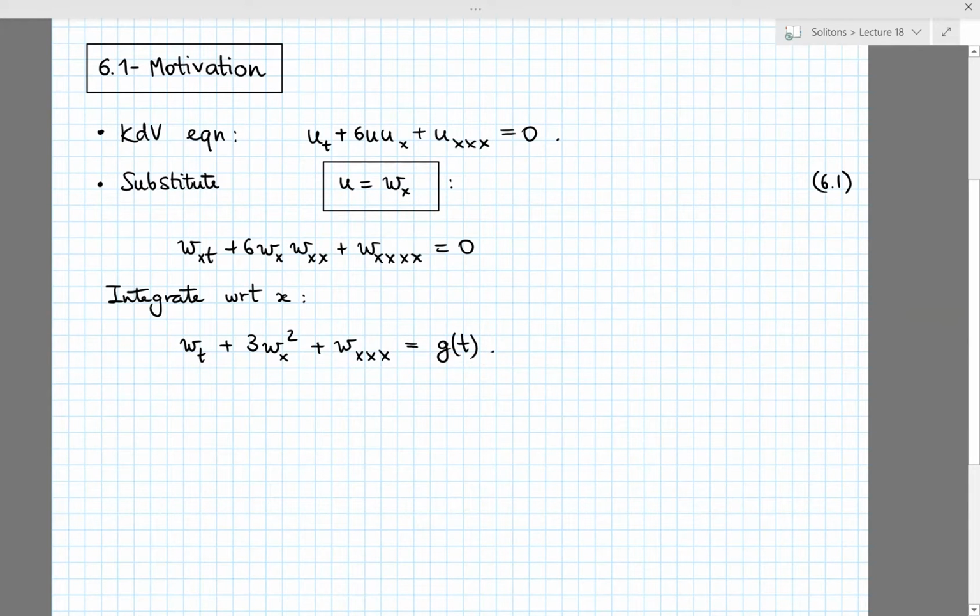So it's annoying to have this function of t in the right-hand side, but luckily we can get rid of it with no loss of generality.